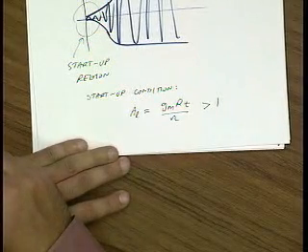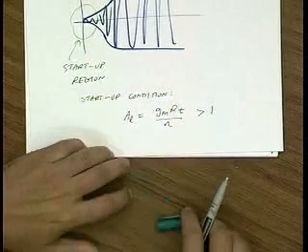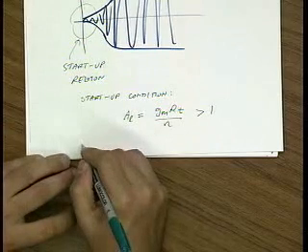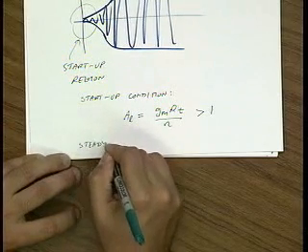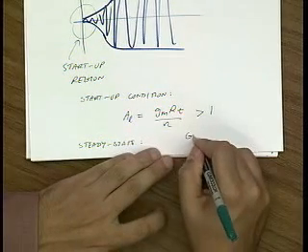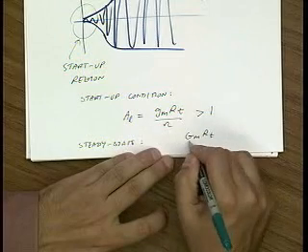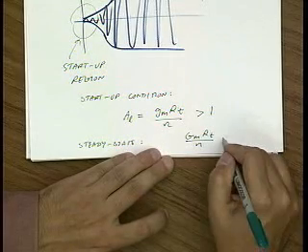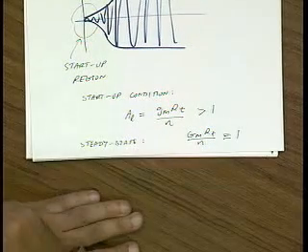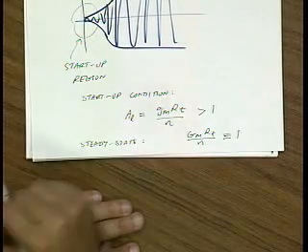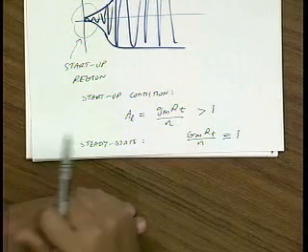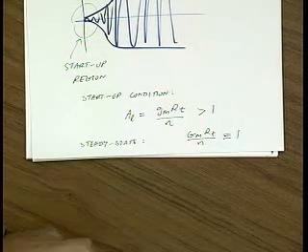Last lecture we showed that if this condition is true, the poles are in the right half plane. The other condition that we found was that in steady state, the large signal loop gain, GM RT over N, should be identically equal to 1. And we found that these two conditions together tell us what the steady state oscillation amplitude is going to be.